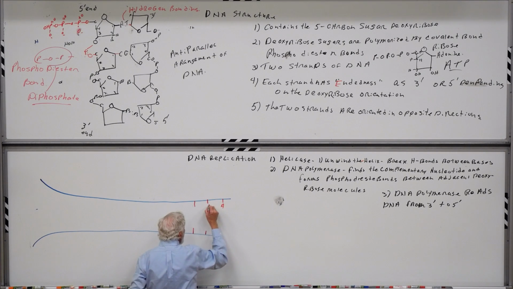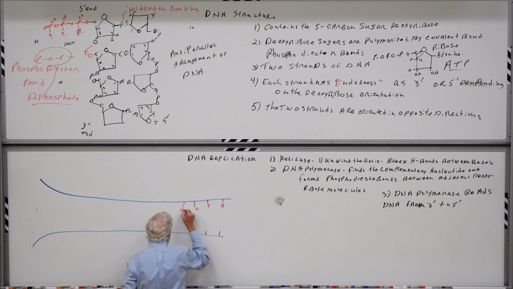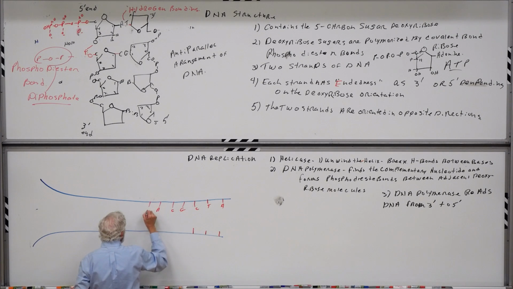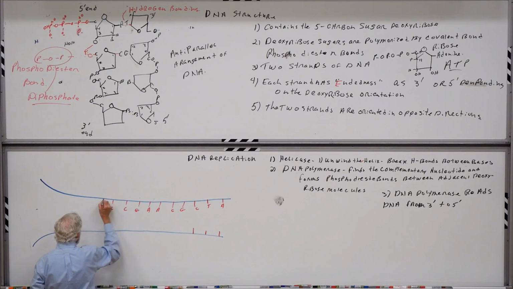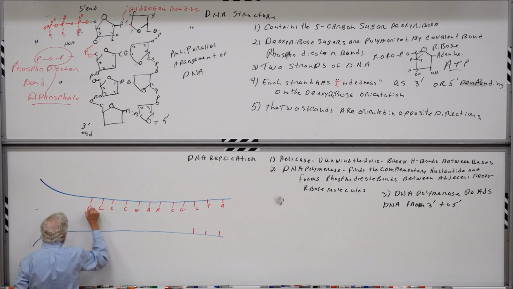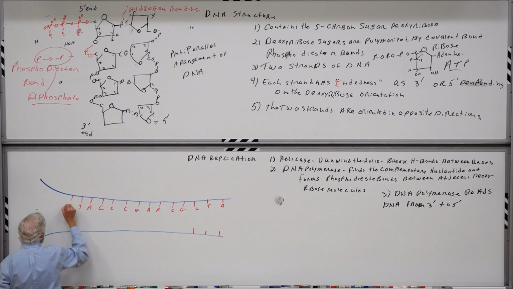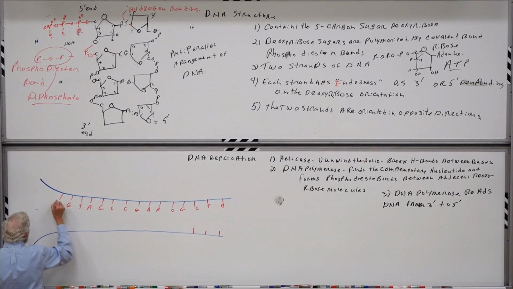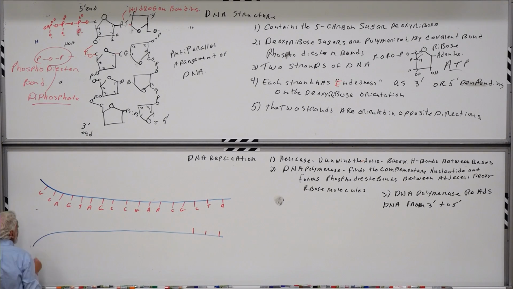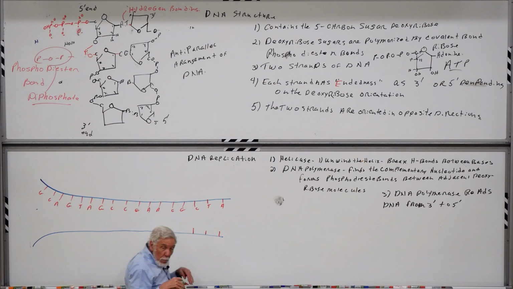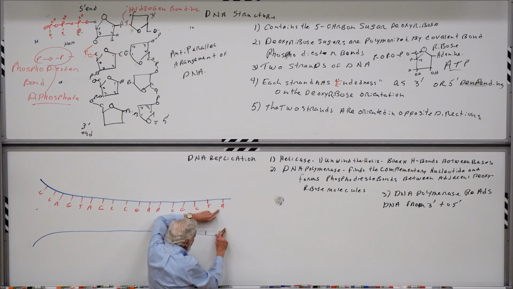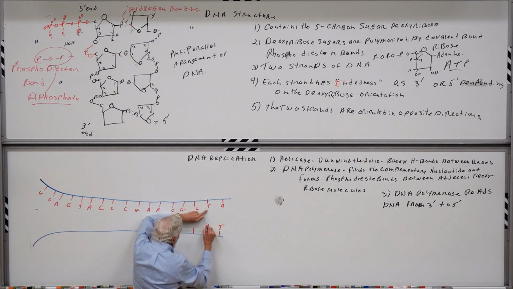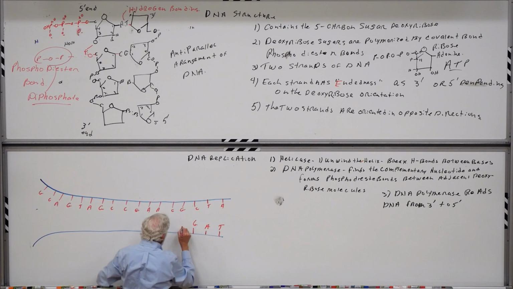So this is an adenine, thymine, cytosine, guanine, cytosine, adenine, adenine, guanine, cytosine, cytosine, guanine, adenine, thymine, guanine, adenine, cytosine, guanine. Now the complementarity here tells us this adenine has to base pair with its hydrogen bonding to this thymine, a thymine to an adenine, a cytosine to a guanine, and so forth.